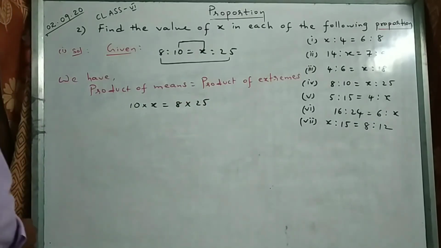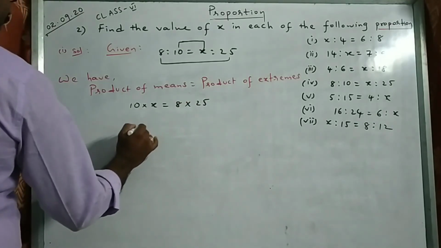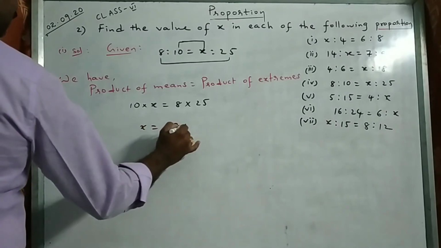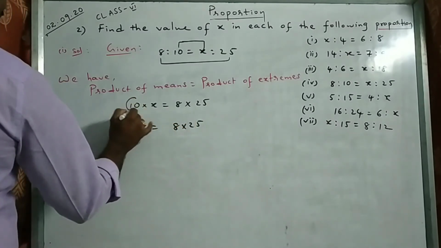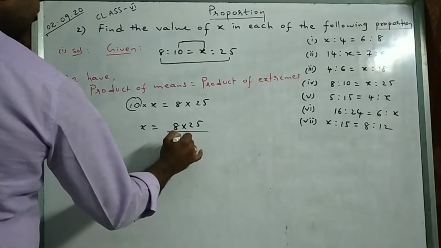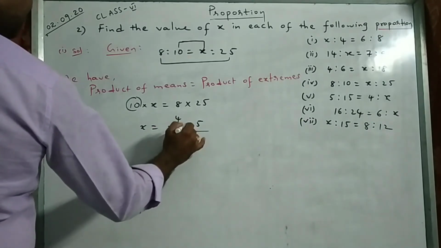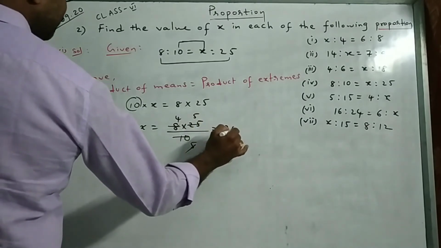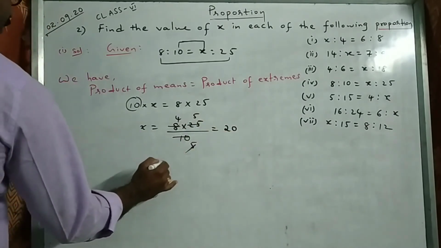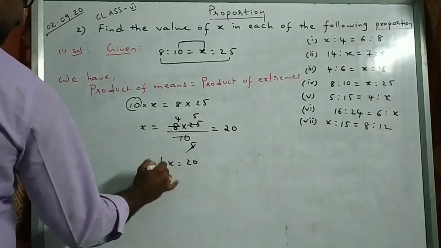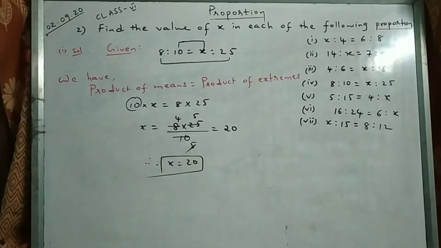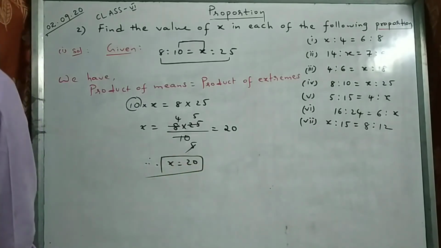Product of means equal to product of extremes. So I want x here. So 8 into 25, and this 10 goes that side, divided by 10. 2 fours are 8, 2 fives are 10, 5 ones are 5, 5 fives are 25. So 5 fours are 20. You can do the cancellation; you should understand clearly. What is the value of x there? 20. Okay.